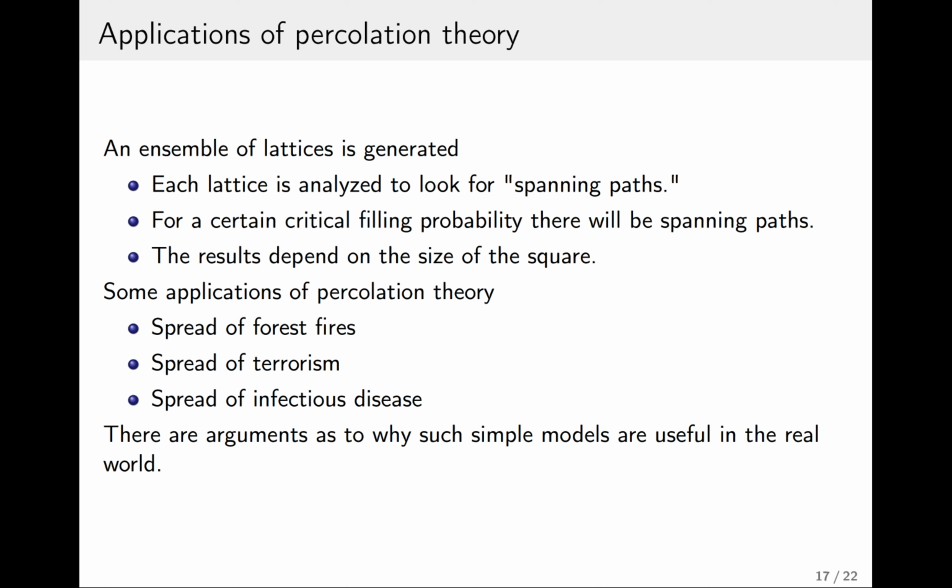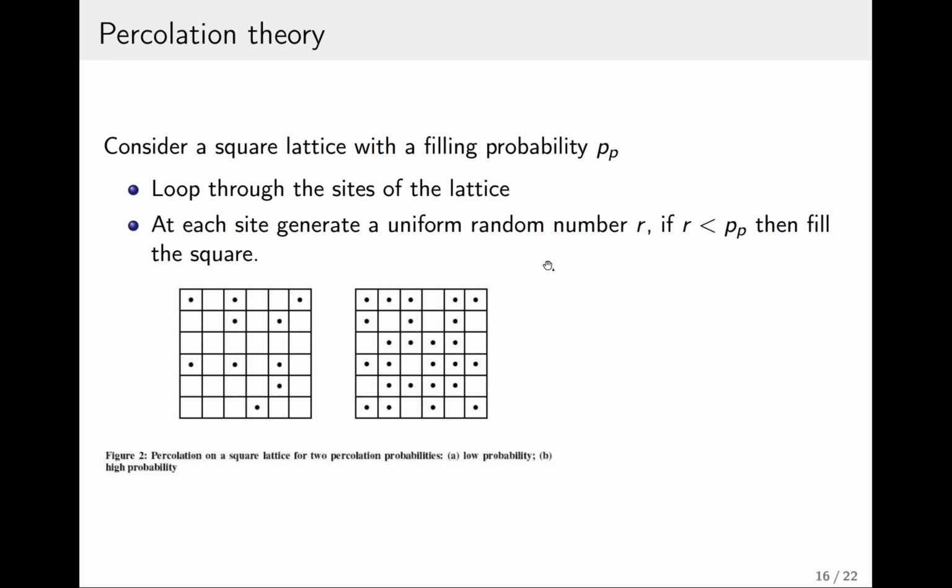Okay, so why is this interesting at all? People use it to model several things. One of the things that can be modeled is the spread of forest fires, the spread of terrorism, which is like people communicating with each other on hidden Facebook groups, and also the spread of infectious diseases. Like a forest fire, one thing would be one tree burning, then another tree burning, and the issue is if the probability of trees burning gets high enough, it can spread through the entire forest and burn everything down.